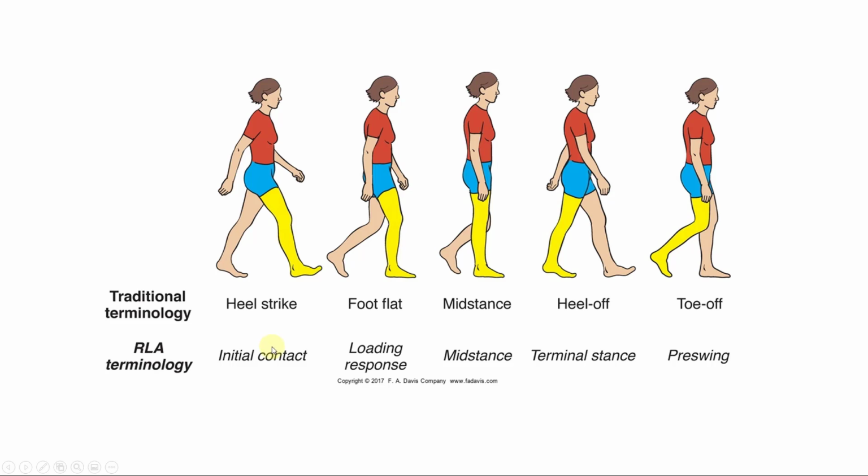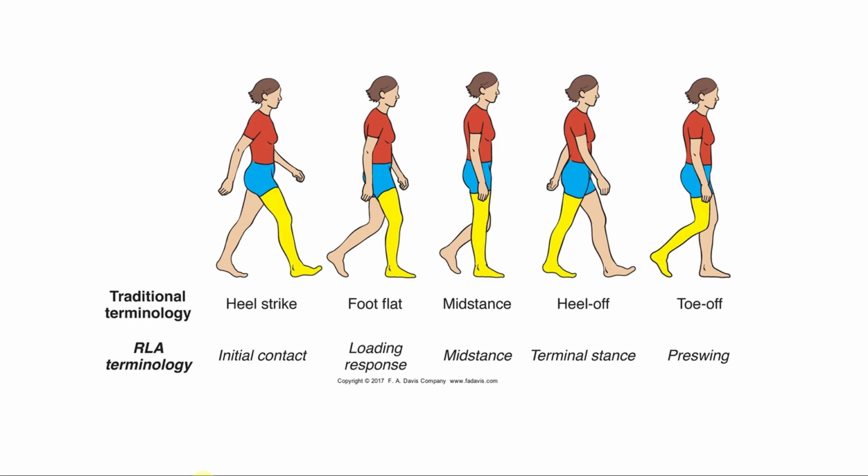So when we look at the gait analysis, we're looking at these different phases, and there's different terminologies. The traditional terminology is, you can see here, heel strike, foot flat, mid stance. But the Rancho Los Amigos scale, which is used big in stroke and assessments for spinal cord injuries and consciousness, and so there's a lot going on with rehab, has its own terminology that became a little bit more appropriate.